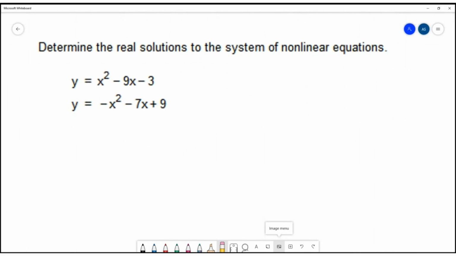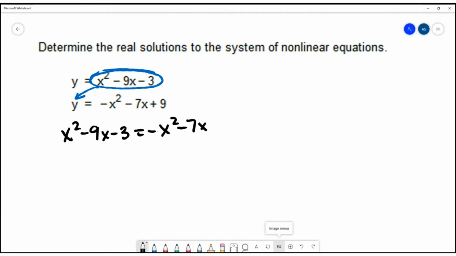Now, to solve this system, since I already have one equation solved for y, I'll use the substitution method. I'll substitute into the other y. This is going to give me the equation x squared minus 9x minus 3 equals negative x squared minus 7x plus 9.